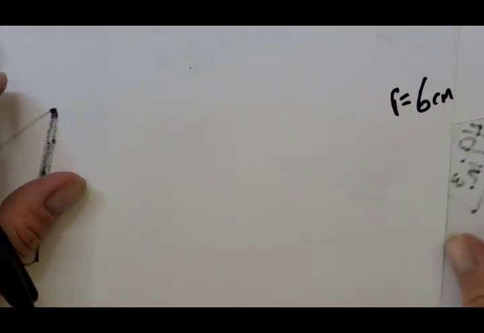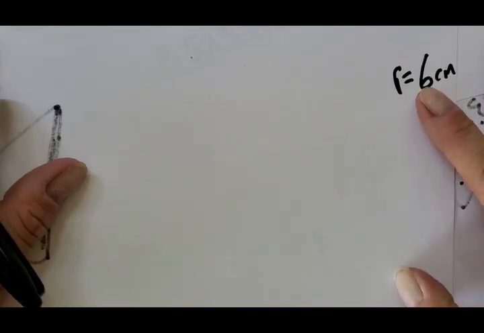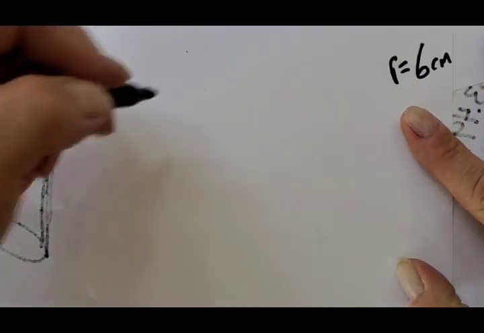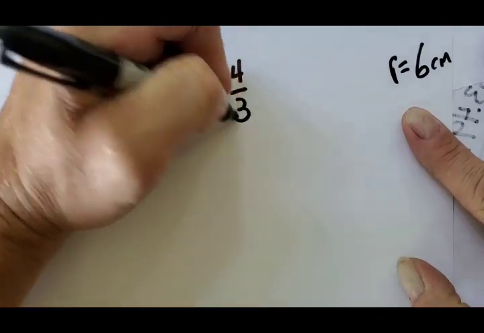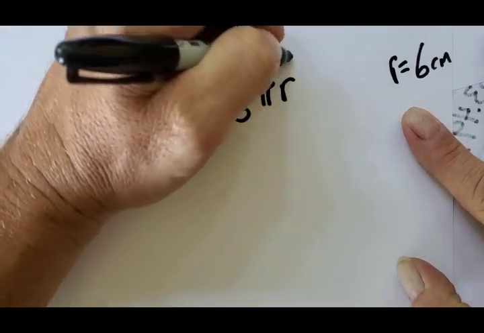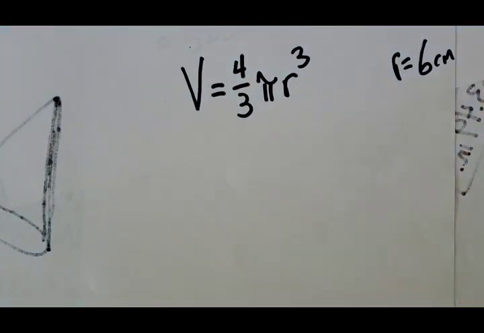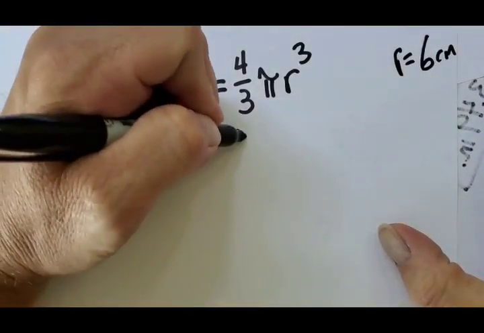So I'm going to move the diagram and get into the calculation right now. All right, here we go. Volume is equal to 4/3 pi r cubed, and I'm going to plug in the values. I've got 4/3.